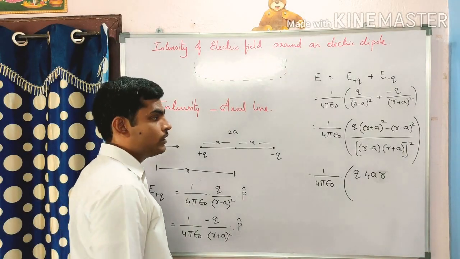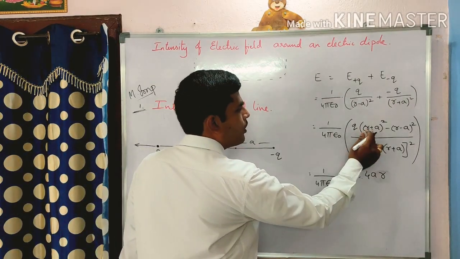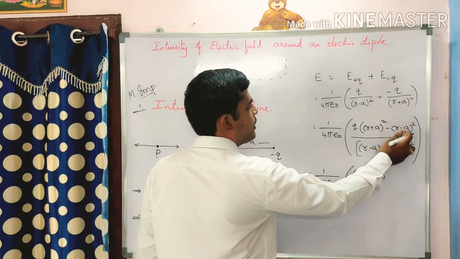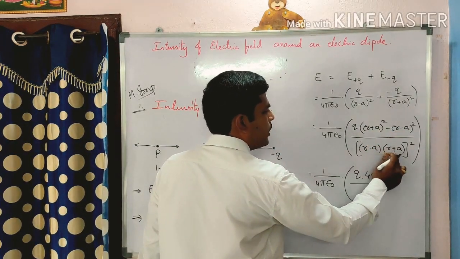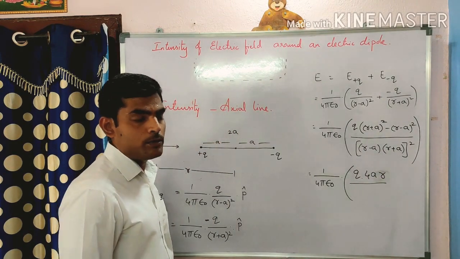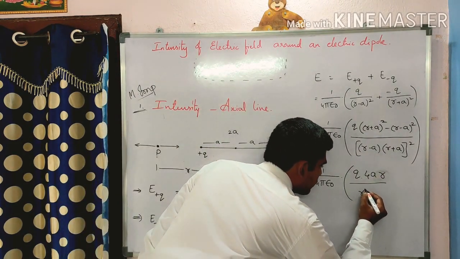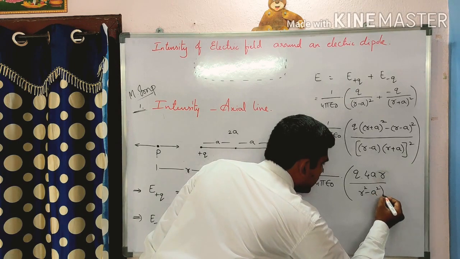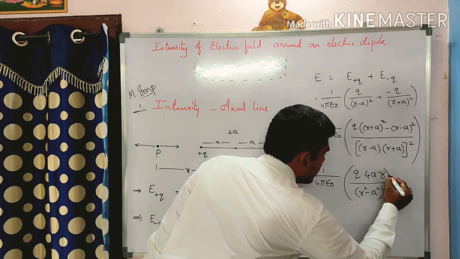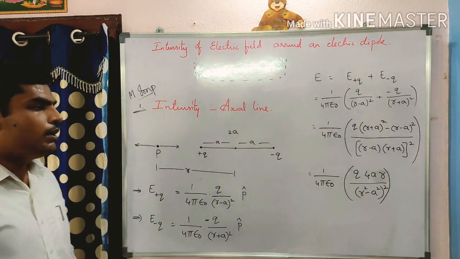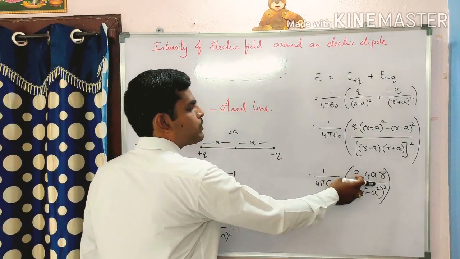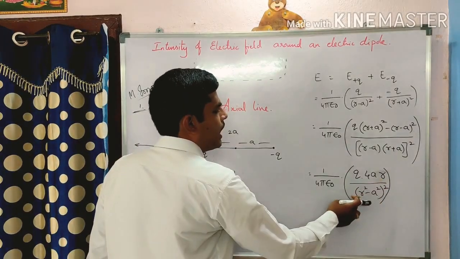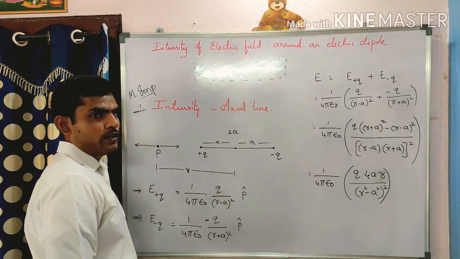Any problem? Q times of (R plus a) whole square minus (R minus a) whole square is 4AR, divided by A plus B into A minus B, which is A square minus B square. So R square minus a square, whole square. That gives 1 by 4 pi epsilon naught Q times 4AR by (R square minus a square) whole square.